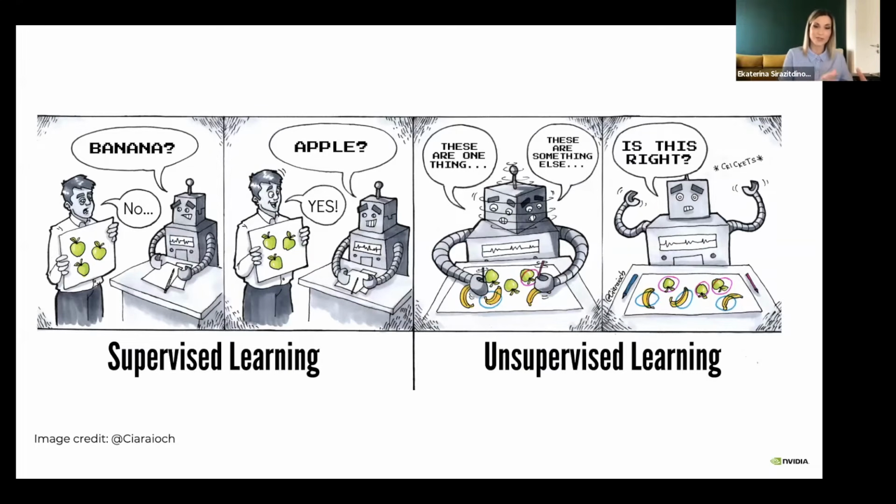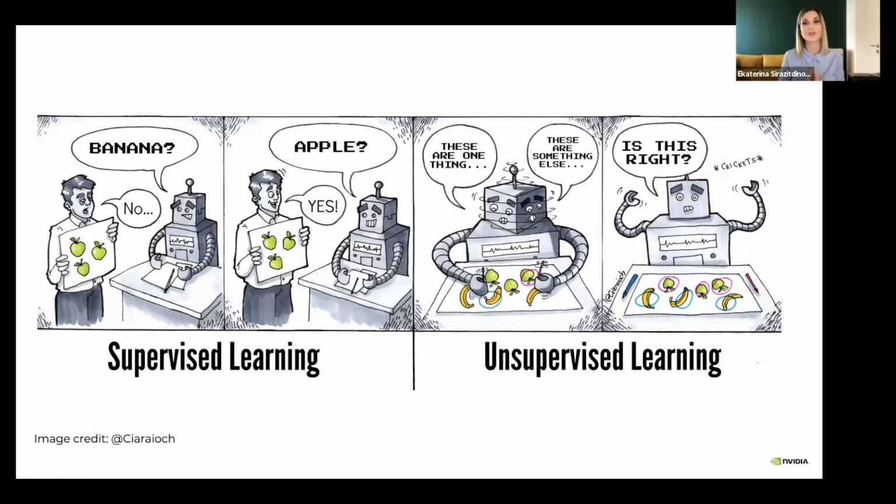You show your network thousands of these images and labels, and it maps the images to the labels. Unsupervised learning is basically when you bring your unlabeled data set and the network tries to figure it out on its own, whether they're apples or bananas or some other structures.